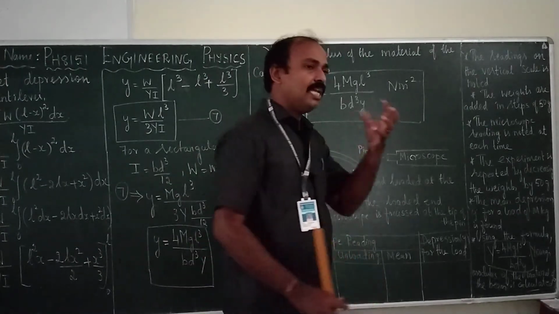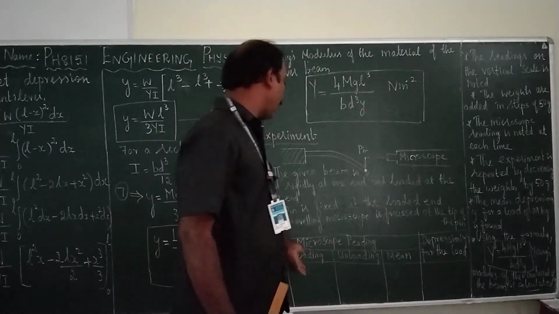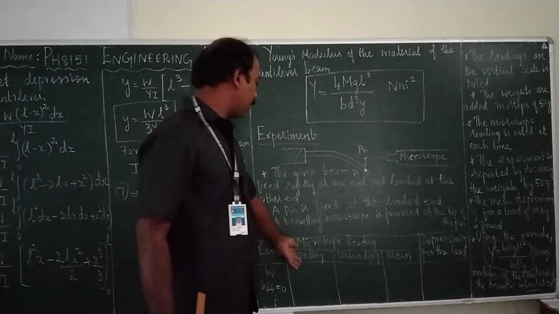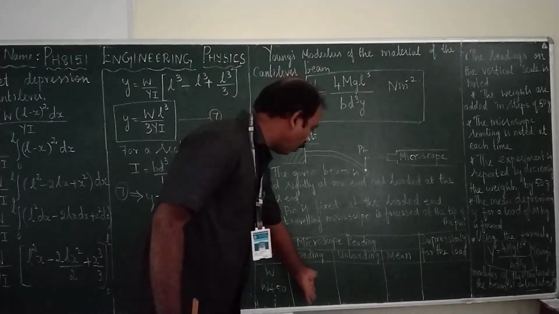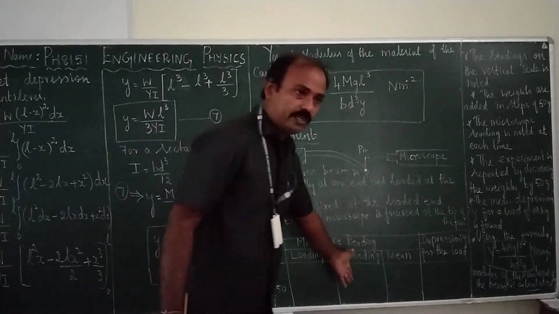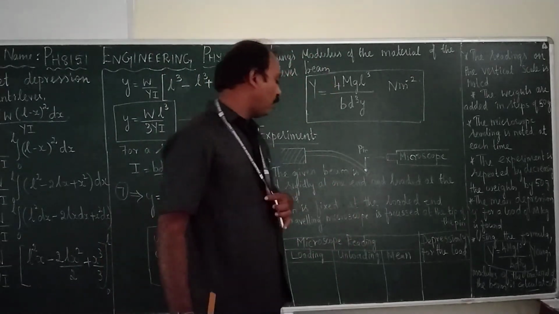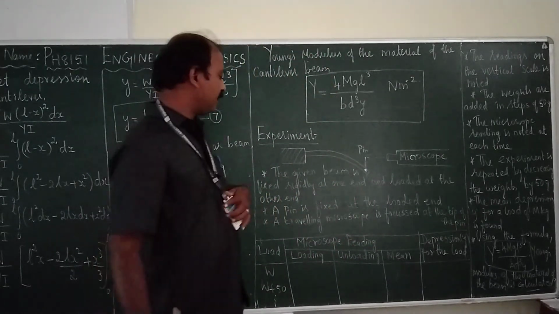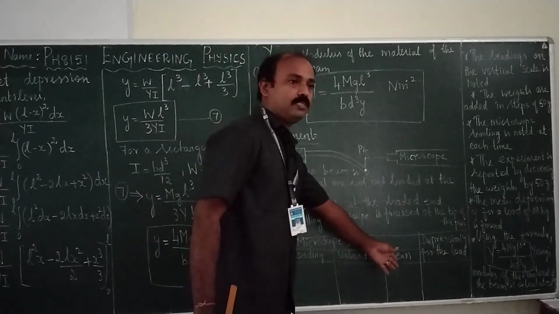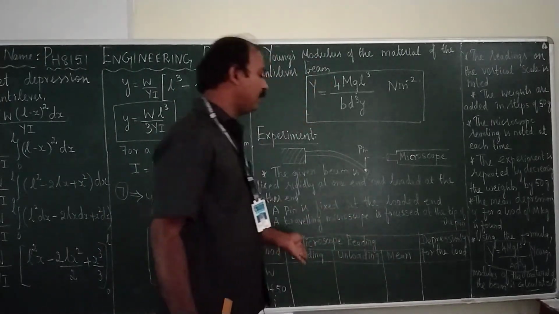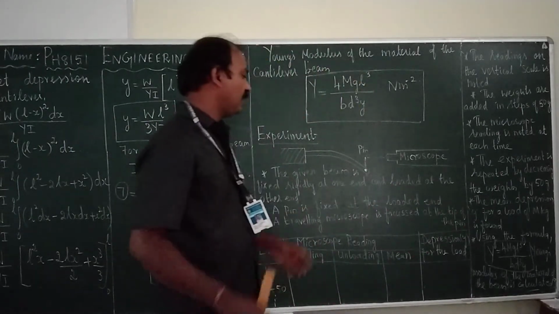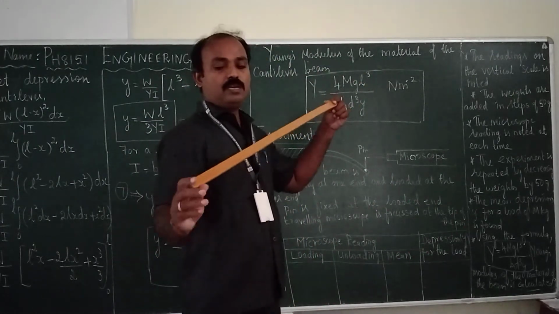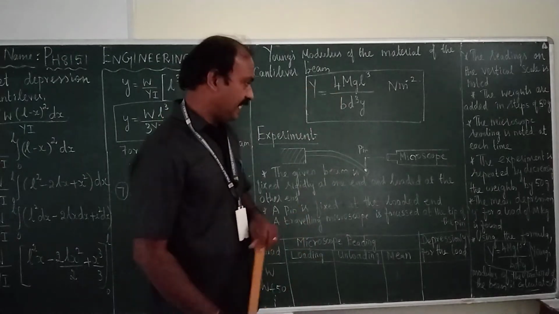The values are tabulated in a tabular column, where the microscope reading is observed during loading and also unloading. The average of loading and unloading is given in the mean position column. From this tabular column, we find the depression y for the load m kg.